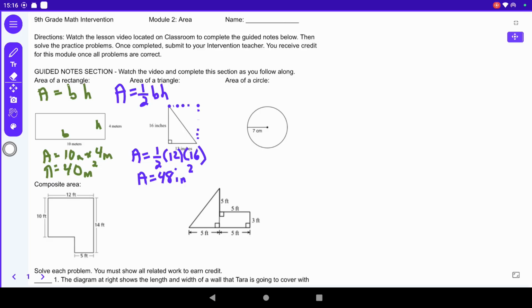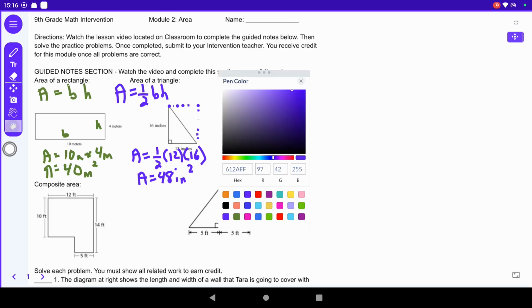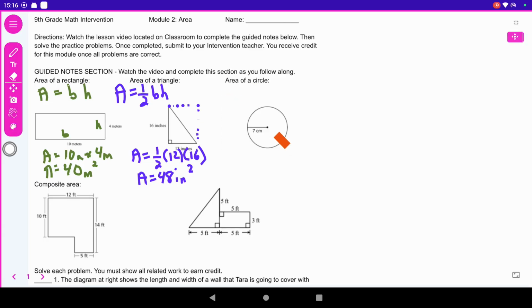Our last figure we're talking about in this video is area of a circle, which the area of a circle is pi r squared, where r is the radius, which is the distance from the center to the edge of the circle.